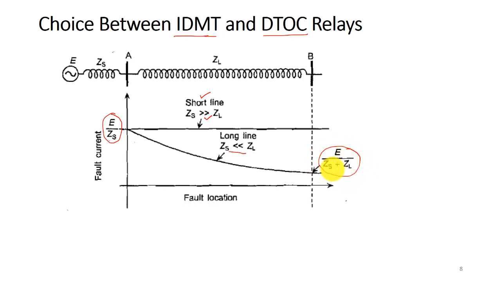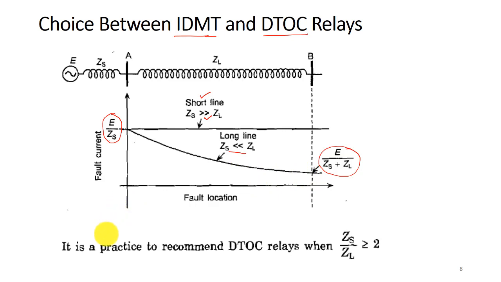So when ZS is very much greater than ZL, it will remain constant for the short line, and it will gradually, exponentially reduce when it is a long line where ZS is very much less than ZL. So the fault current gradually reduces based on the fault location.